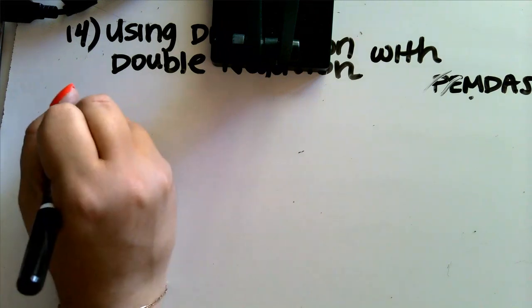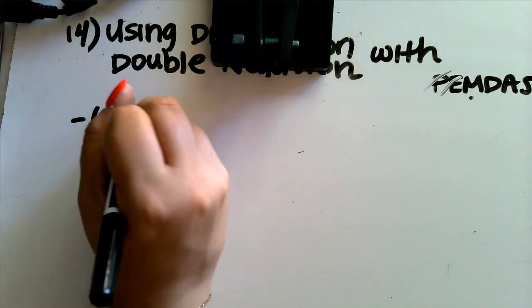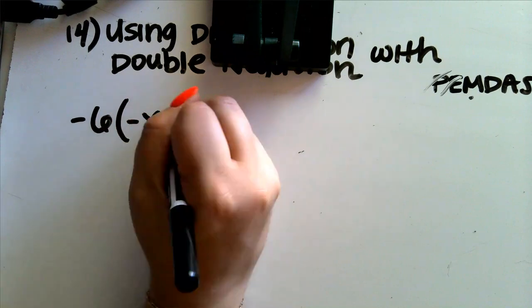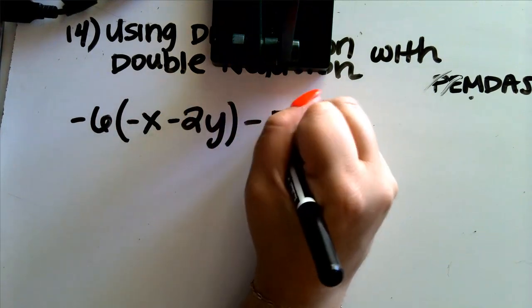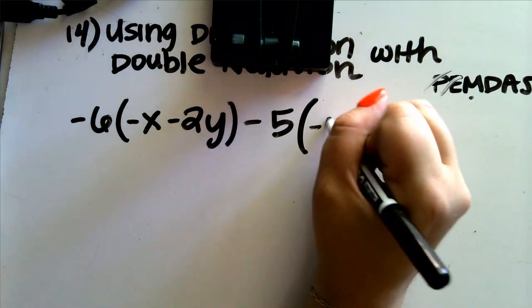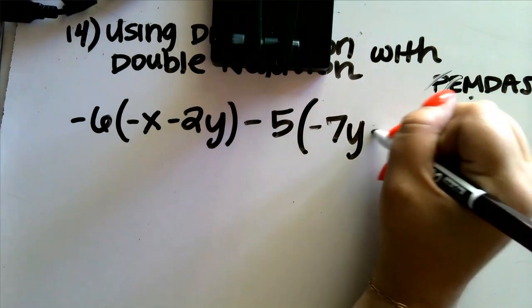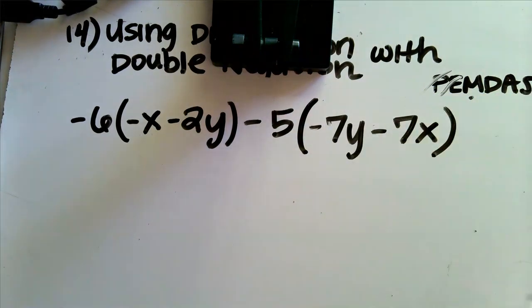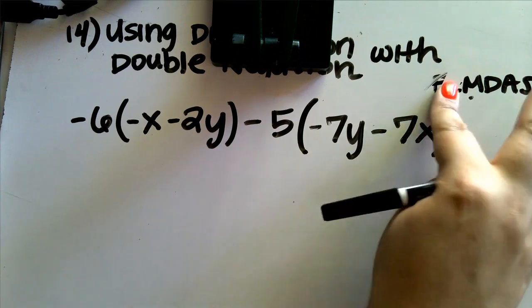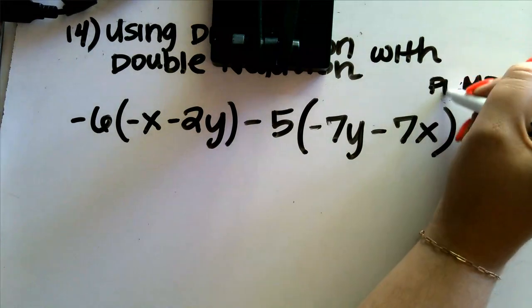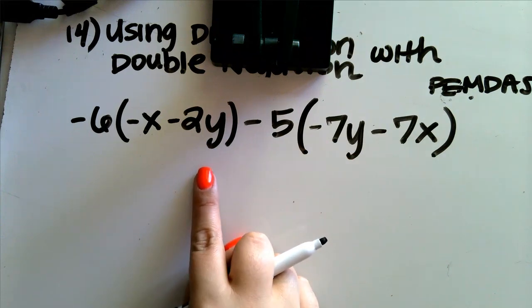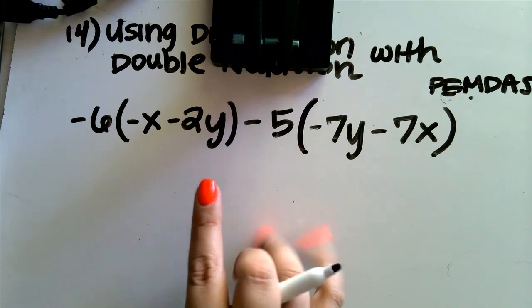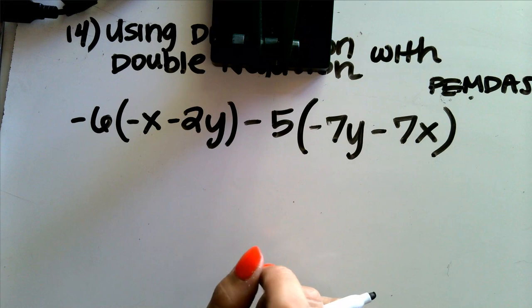Okay. We have -6 times -x minus 2y minus 5 times -7y minus 7x. Okay. This is a doozy. We got two different areas of distribution that we need to do, and we need to be very careful with our signs, okay?